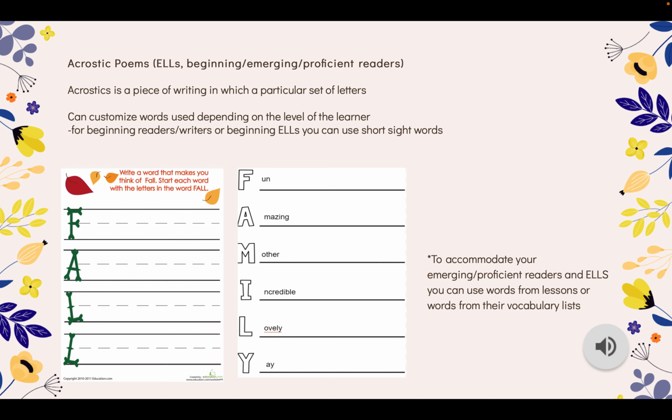Tutors have the ability to customize words used depending on the level of the learner. For beginning readers or writers or beginning ELLs, you can use short sight words. To accommodate your emerging or proficient readers and ELLs, you can use words from lessons or words from their vocabulary lists. Tutors have the option of sending worksheets through the mail or picking out words and having the learners write the words down on a piece of paper over the phone.